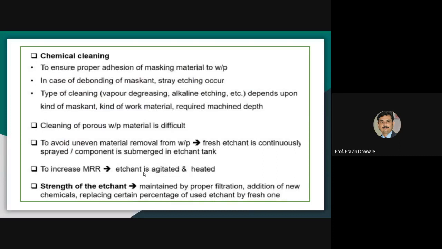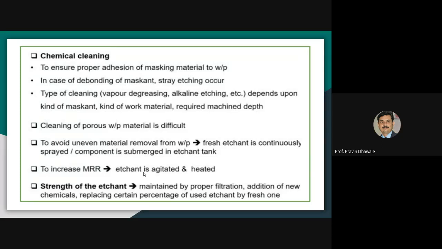Next, we may carry out this cleaning process manually or we may use chemical cleaning. Why do we go for the chemical cleaning process? Because the chemical process will ensure proper adhesion of the masking material to the workpiece.